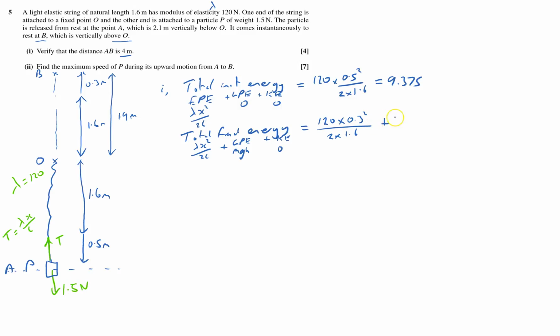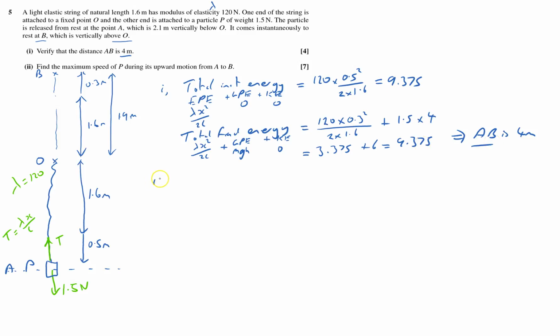Now mg is 1.5 times my h, which is 4 in this case. If I work this out, that's 3.375 plus 6, which equals 9.375. Therefore AB is 4 meters, because the initial energy equals the final energy.